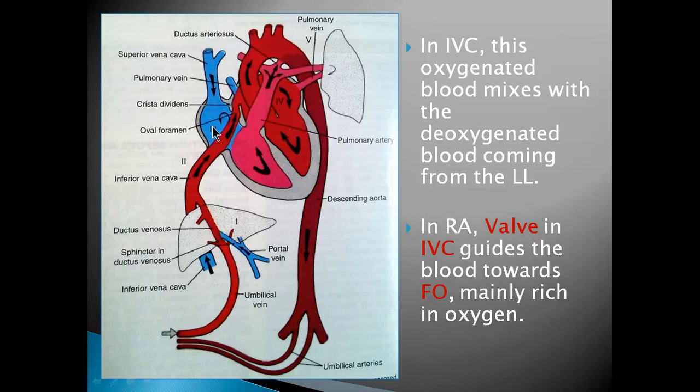Once it reaches, there will be a valve in the infravena cava. Okay, I told you about that. So this infravena cava valve, it will guide the blood towards the foramen ovale. So you can see the red color with the arrow directly going towards the foramen ovale, and as it is red color, it indicates that it is mainly rich in oxygen. Okay, understood?